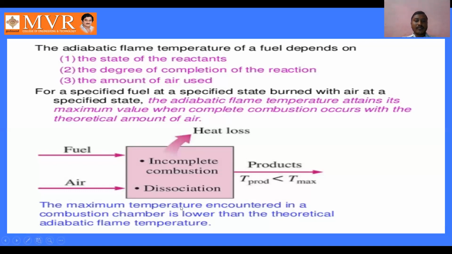The maximum temperature encountered in a combustion chamber is lower than the theoretical adiabatic flame temperature. We can know the main difference: when incomplete combustion takes place in the furnace, the maximum temperature will not be attained, and the heat is going to be lost to the surroundings.